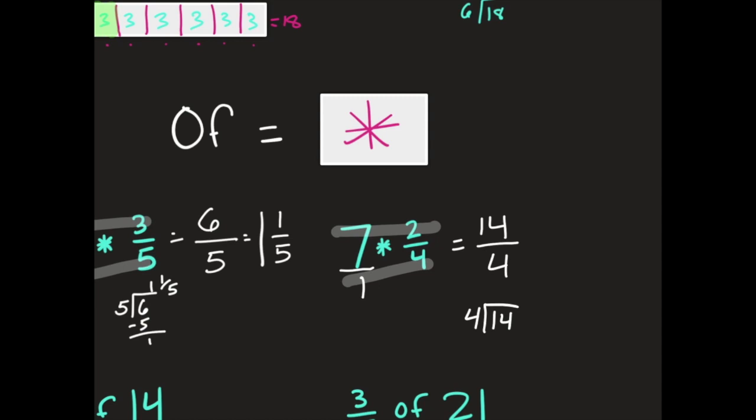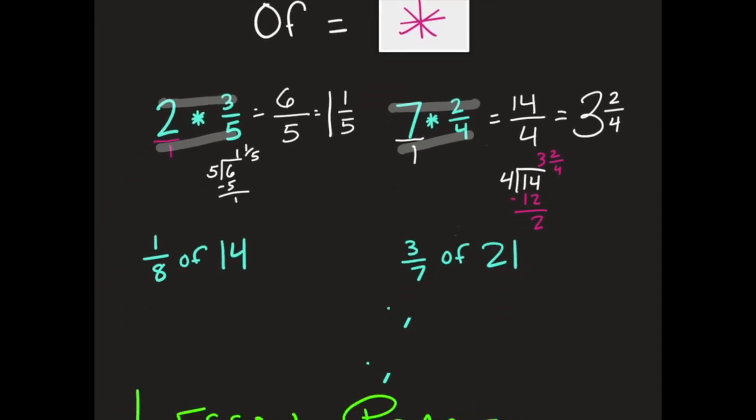And I'm going to say that that goes in 3 times, 4 times 3 is 12, and I have 2 left over, which means I have 2 as my numerator and I was dividing by 4. So when I change this into a mixed number, my answer is 3 and 2/4. 4 went in 3 times, 2 left over, denominator was 4.